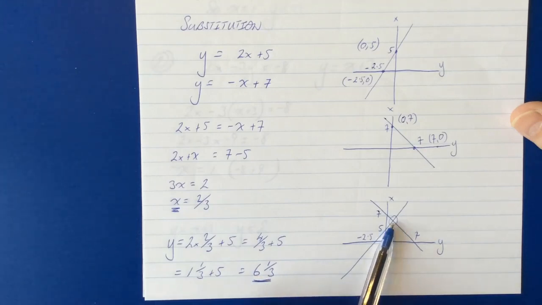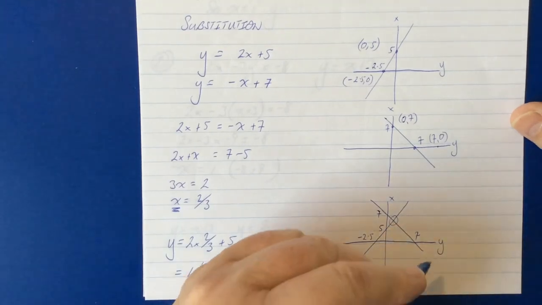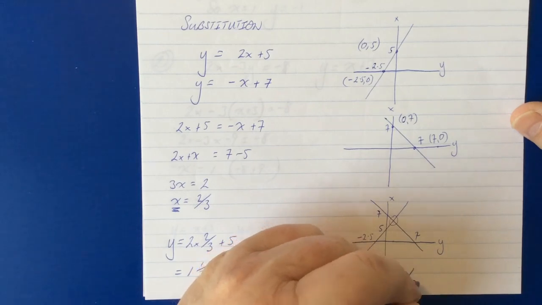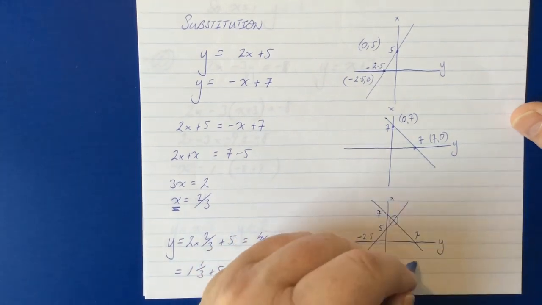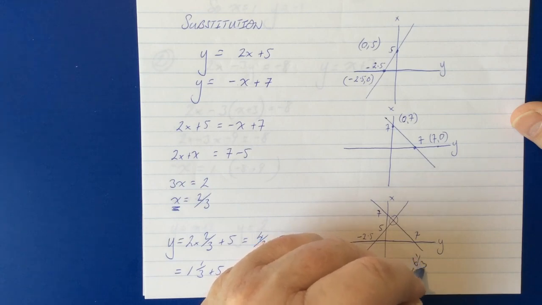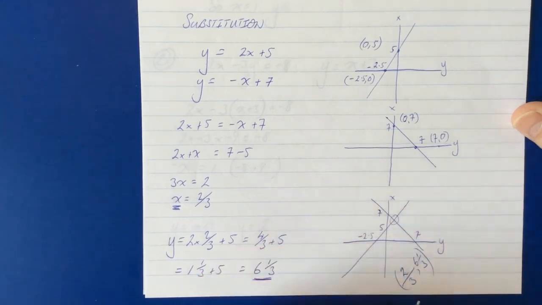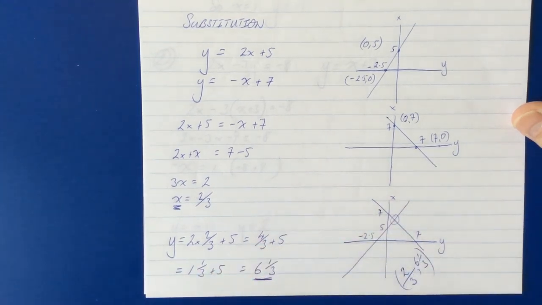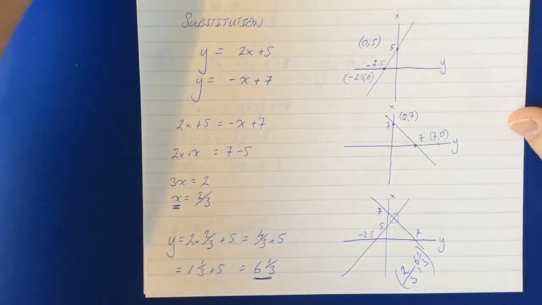So the coordinates of this point of intersection are 2 over 3 and 6 and 1/3. That's the x-coordinate, that's the y-coordinate. And that is very basic substitution.